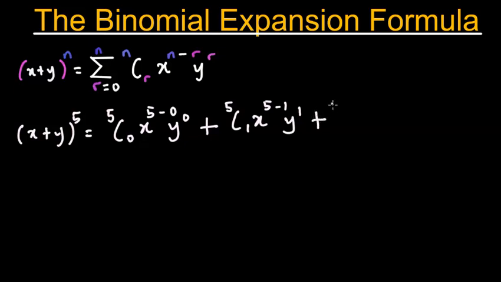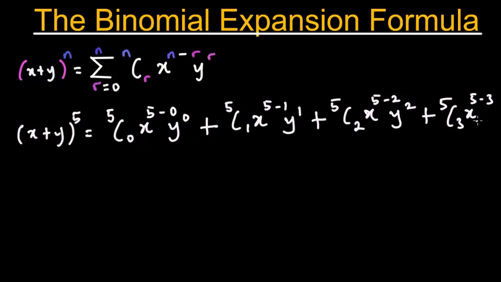Plus 5 combination 2, first variable x to the power of 5 minus 2, second variable y to the power of 2. Plus 5 combination 3, first variable x to the power of 5 minus 3, second variable y to the power of 3.